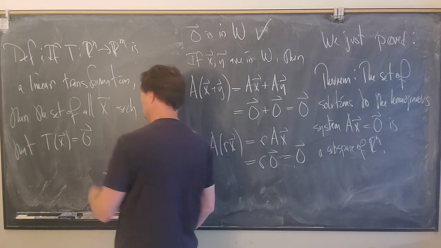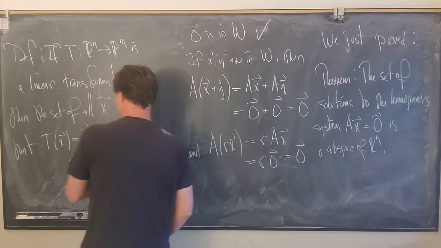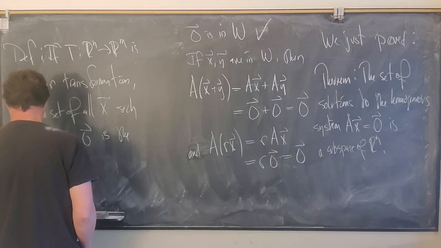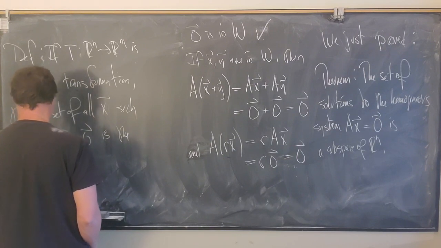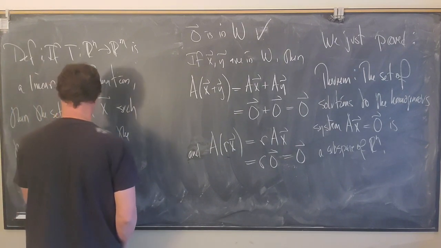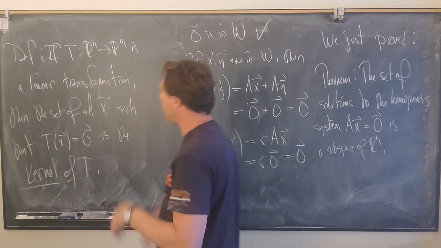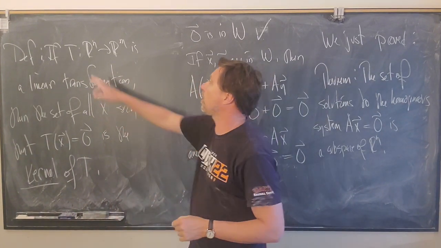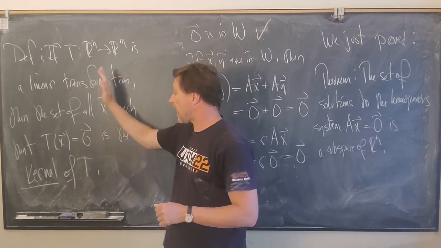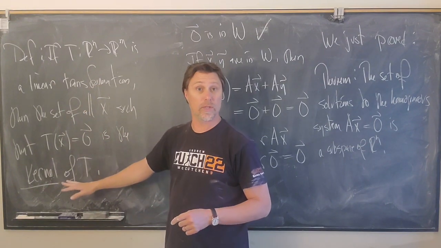This is called the kernel of T. Every time you have a linear transformation from Rn to Rm, there is this set called the kernel of T.